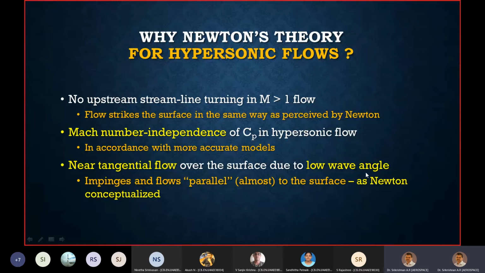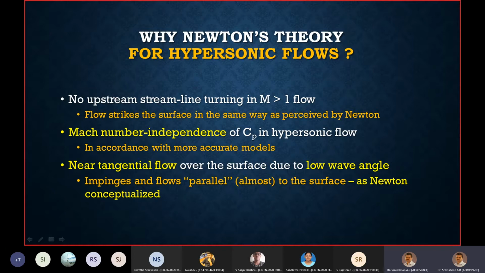And that's what we were discussing: streamline turning, which is applicable to supersonic flows also, Mach number independence, which we are going to see soon, and the near tangential flow. That is, after the flow impinges, because of the high Mach number and low theta for sharp bodies, the beta wave angle is also low.